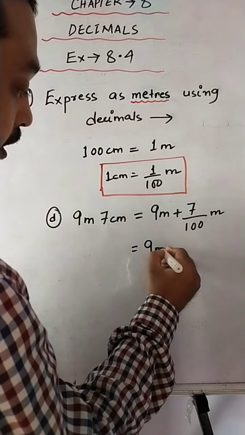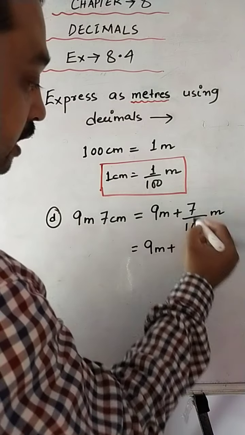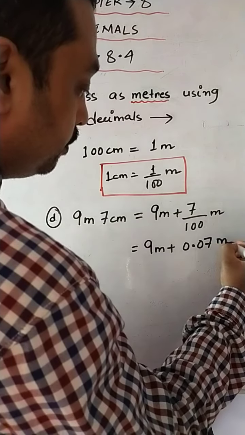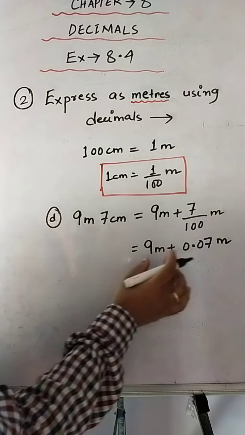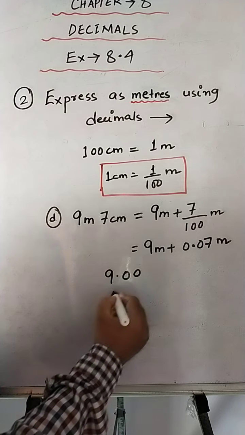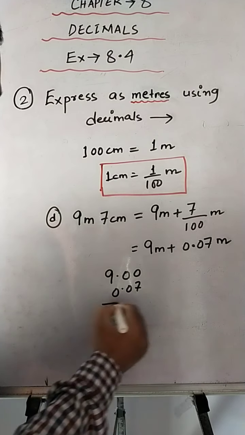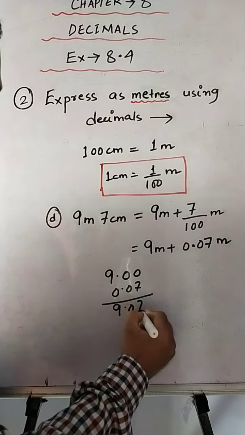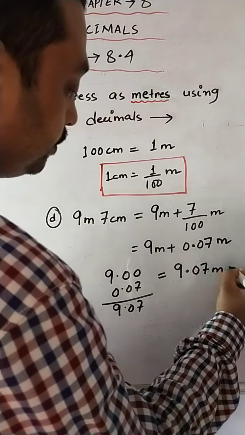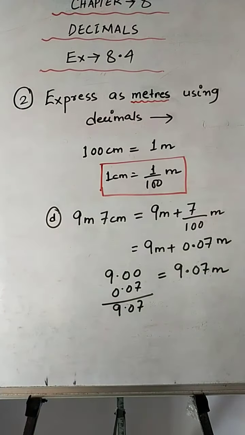So what will be the decimal form of this? 0.07 meter. Now we'll add 9 plus 0.07, that would be 9.00 and 0.07. So that would be 9.07 meter. Okay, so this is sum number D, students.